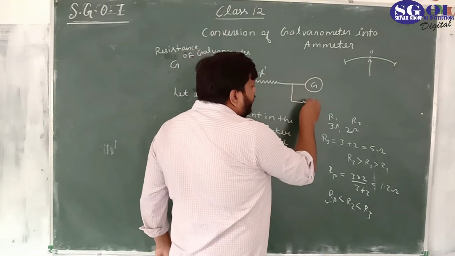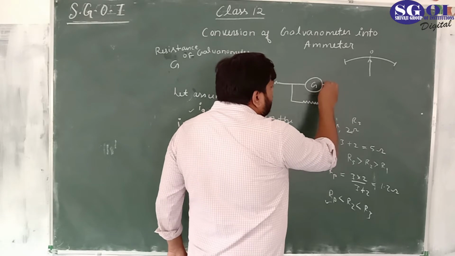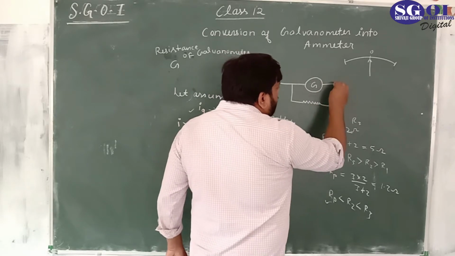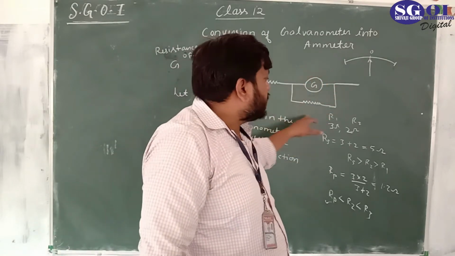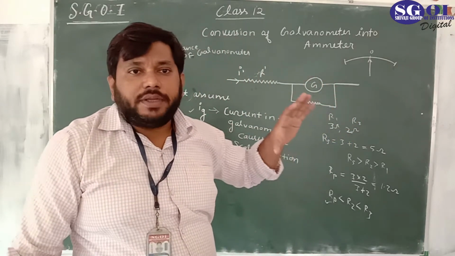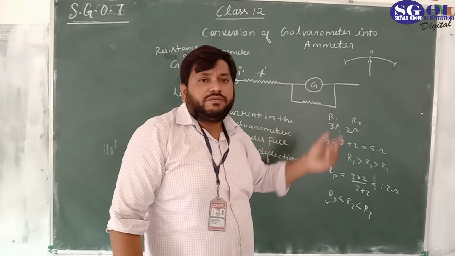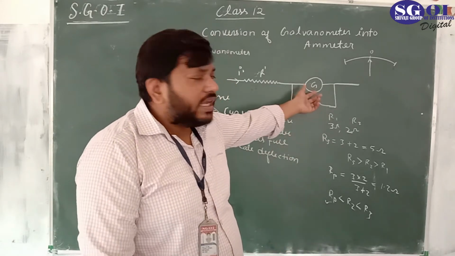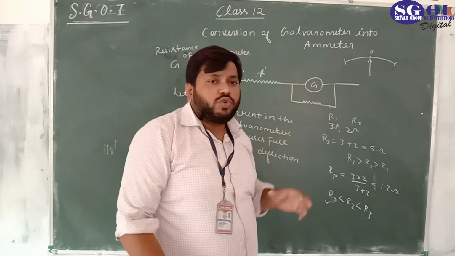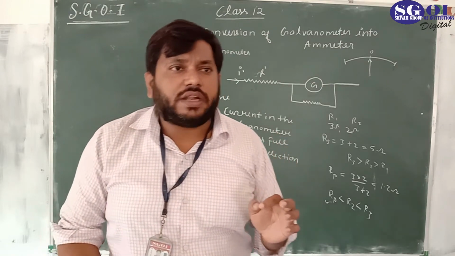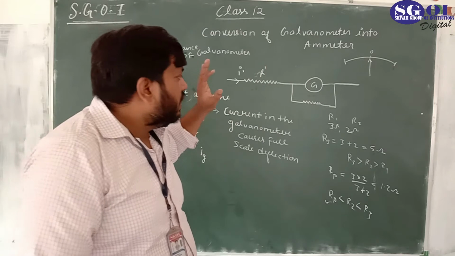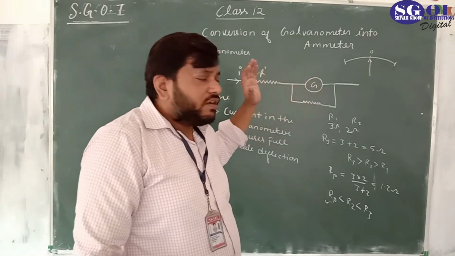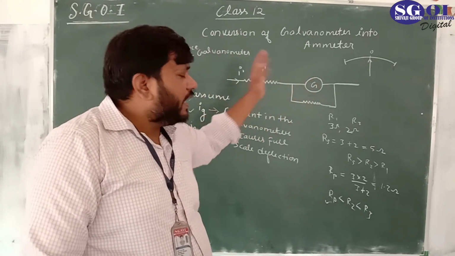Suppose we are connecting a resistance in parallel. Now this particular circuit you are seeing here is called an ammeter. So here is a modification which we have done in the galvanometer so that it could read the actual current flowing in the circuit before connecting the galvanometer, without altering the current after applying the galvanometer.